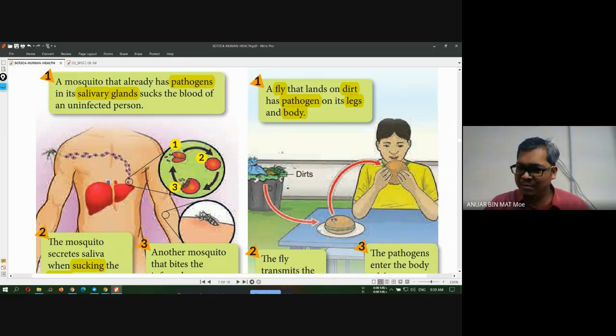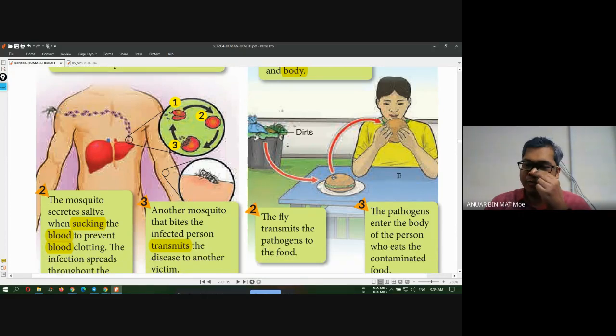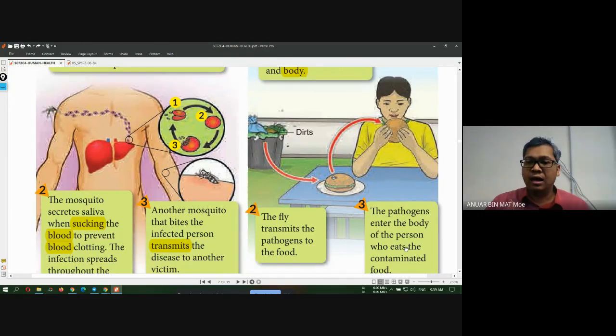Can you see the transmission here? When you eat the food, you get infected. Number two, the fly transmits the pathogen to the food, and the pathogen enters the body of the person who eats the contaminated food, and then the person becomes sick. This is the spread by fly.